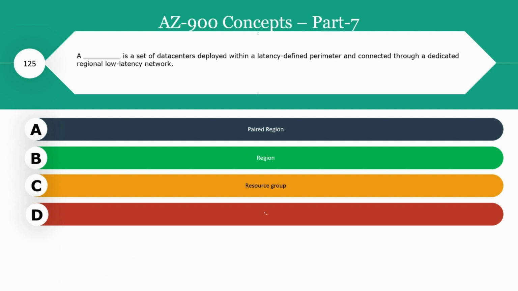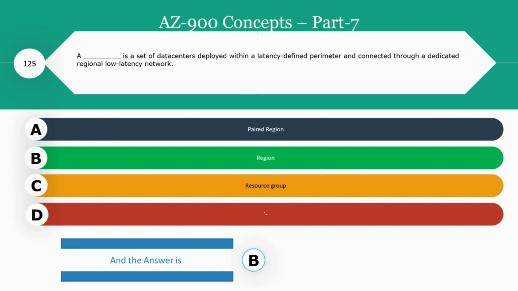Next question: Dash is a set of data centers deployed within a latency defined perimeter and connected through a dedicated regional low latency network. Options are option A paired region, option B region, option C resource group. The right answer for this question is option B. Multiple data centers form an availability zone.